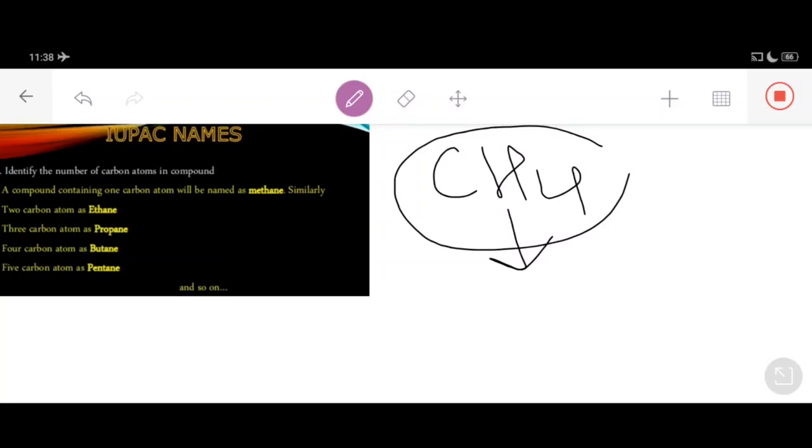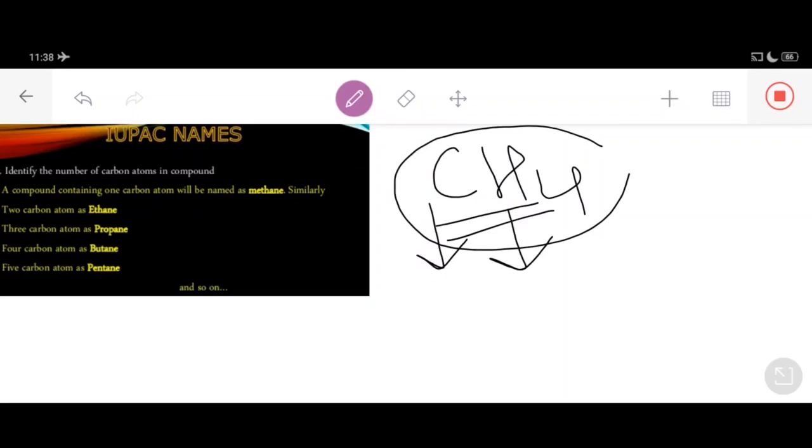You are supposed to give a name to the organic compound, but that name should be in accordance with the IUPAC nomenclature. So this compound contains one carbon atom, and I told you that when there is a presence of one carbon atom, mark my words students and jot down with me, you are supposed to write meth for one carbon atom.